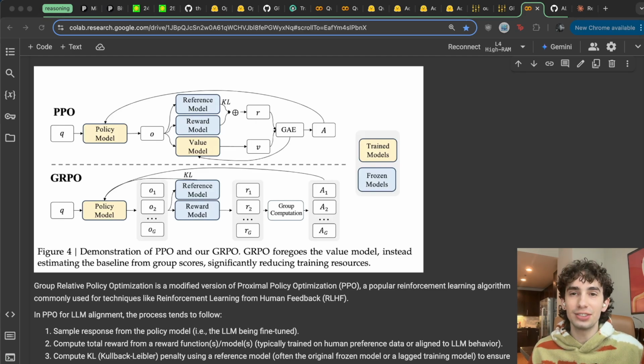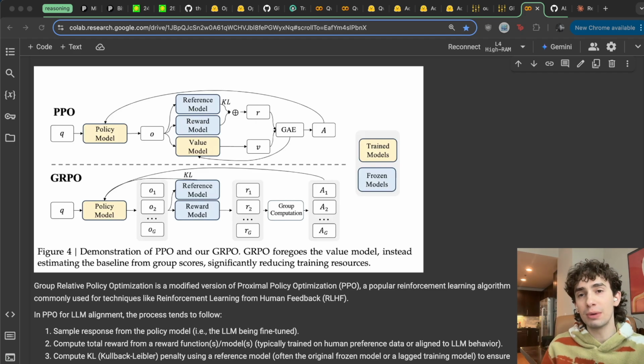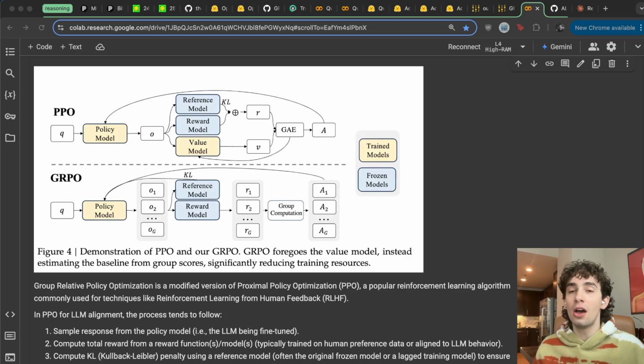Through considering these differences, we can calculate what's called a KL penalty. And we use this value to essentially make sure that the updates that we're doing to our policy model being trained aren't so significant that they completely deviate from what we started with.